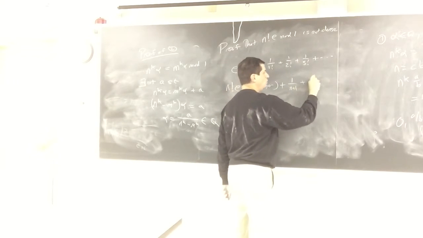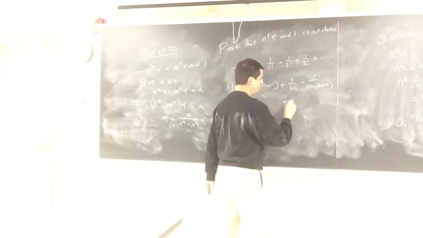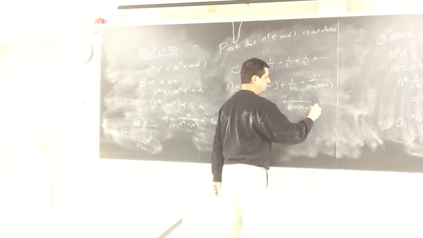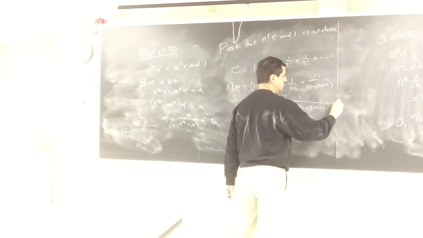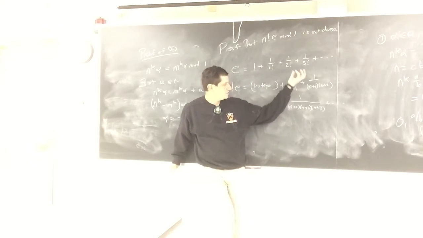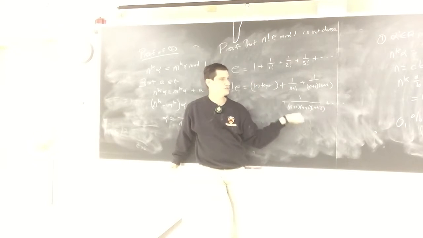The next one is plus 1 over (n plus 1)(n plus 2). The next one is 1 over (n plus 1)(n plus 2)(n plus 3), and so on. Okay? So we have something like this. And when we look at this mod 1, the integer doesn't matter, and we're left with just this quantity here.